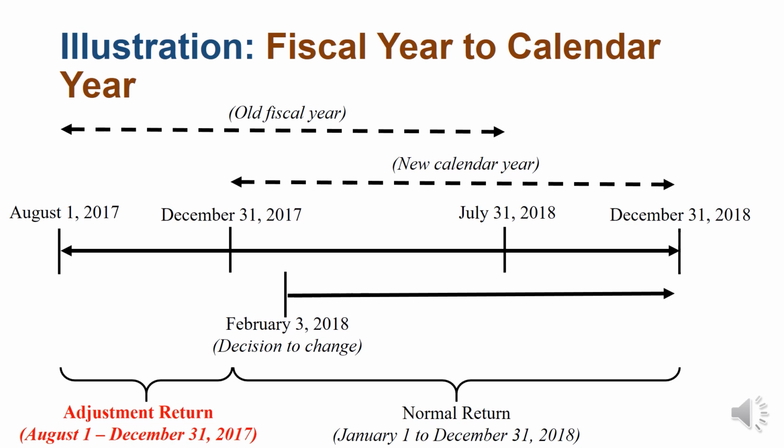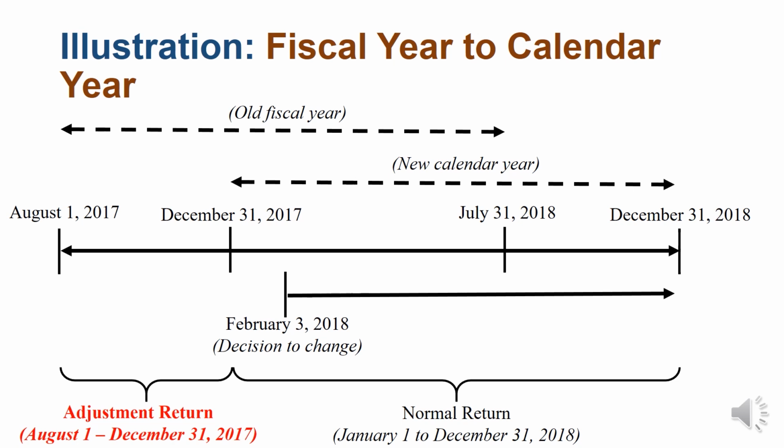So, you might be asking, why would a taxpayer file an adjustment return from August 1, 2017 to December 31, 2017? The reason is that beginning January 1 to December 31, 2018, the taxpayer has to account all incomes for 12 months.